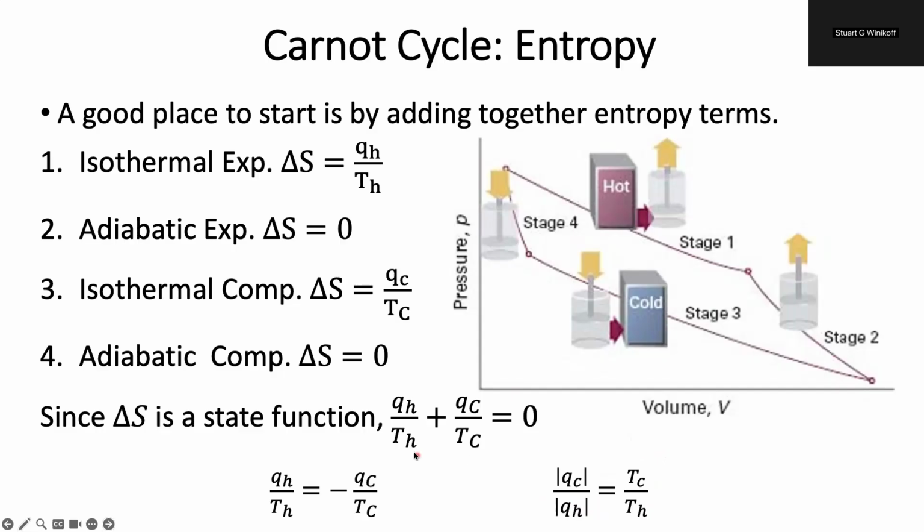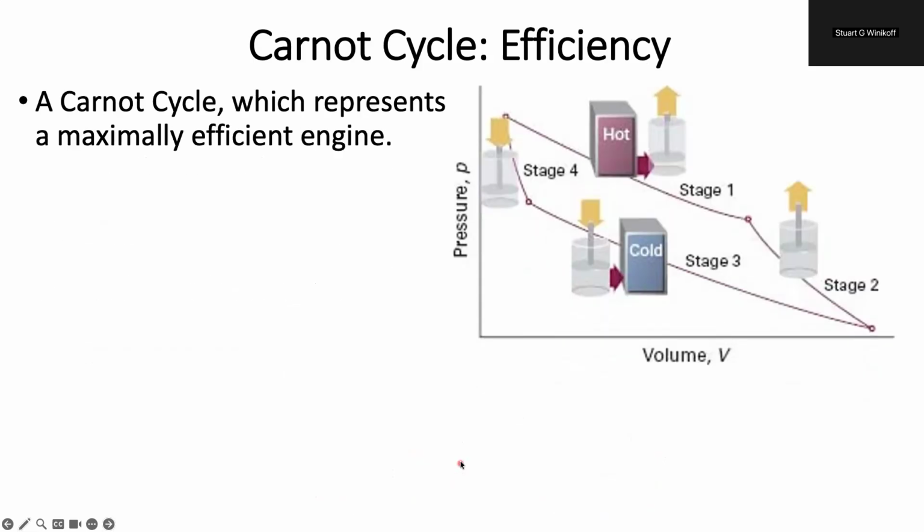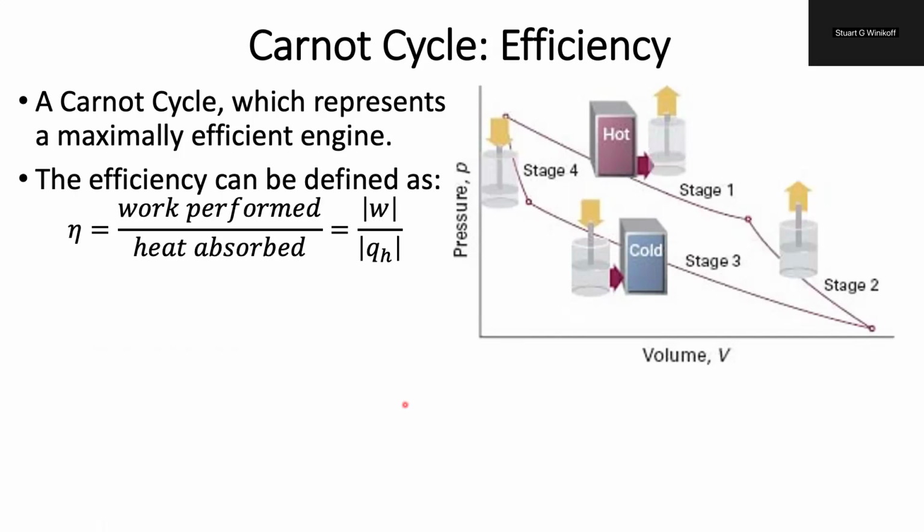So now let's go ahead and use this relationship between the heats and the temps to evaluate the efficiency of a cycle. So again, because the Carnot cycle is reversible at every step, it will be by definition very slow, but very efficient. So this will represent the maximum efficiency I can get out of any system. Any real system will be faster, but with a lower efficiency.